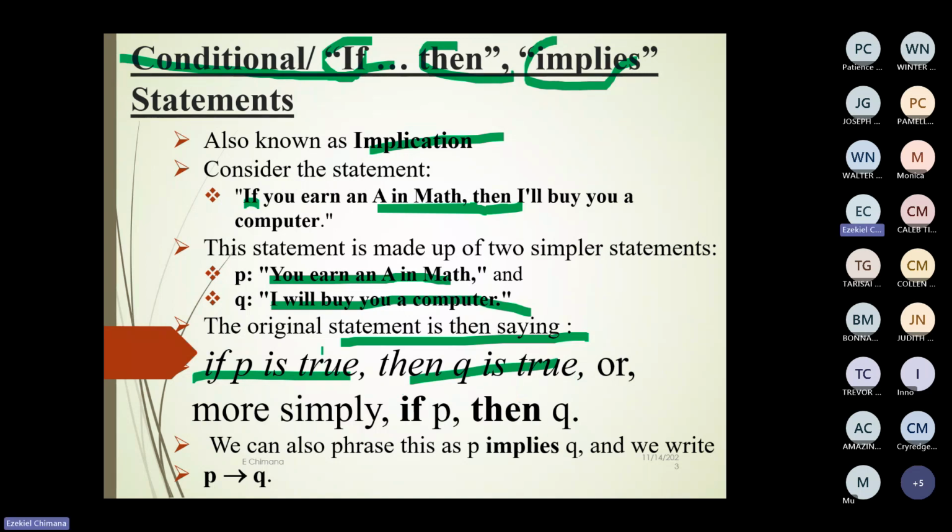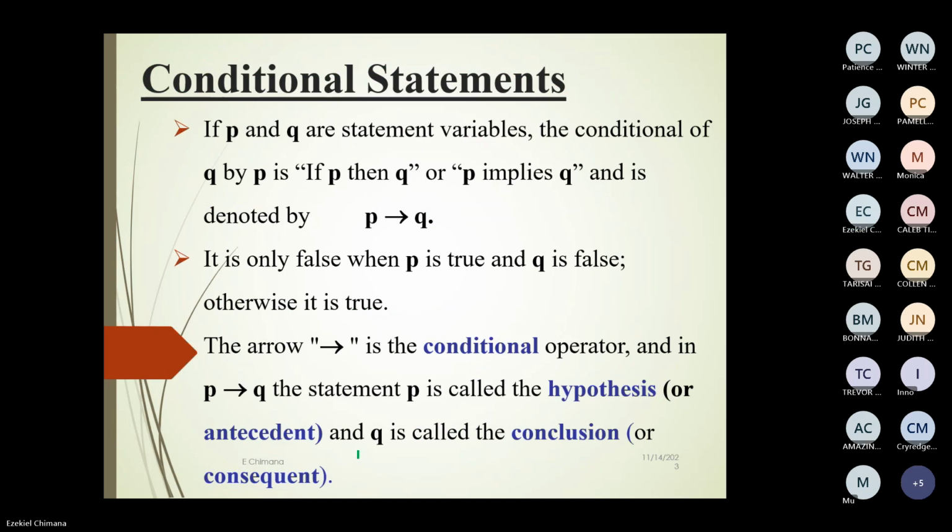Or more simply, if P then Q. In short, we can also phrase this as P implies Q. If P is true, then Q is true, just like that. And we write it as P implies Q using this arrow. I'm sure I've explained it earlier.